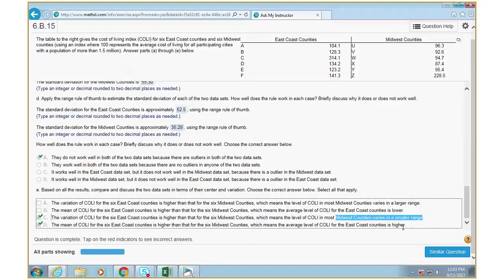Smaller. Is that correct? Yes, that is correct. If the variance is higher in the East Coast, that means that the Midwest has a smaller variation, which means that it is smaller in range. The mean of the East Coast is higher than that of the Midwest, which means that the average level of the East Coast is higher.